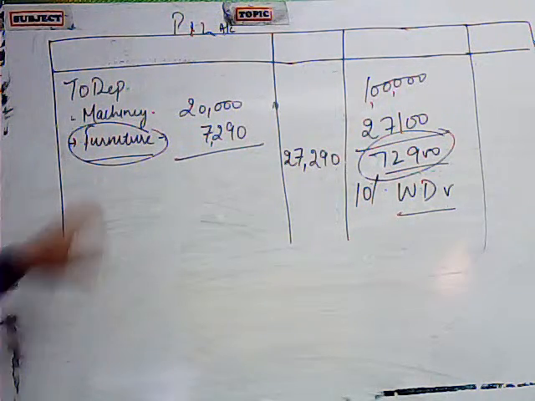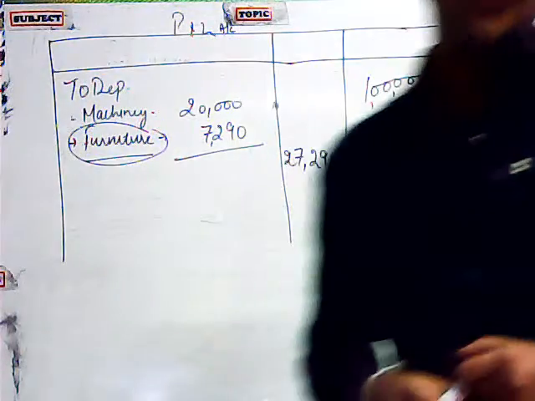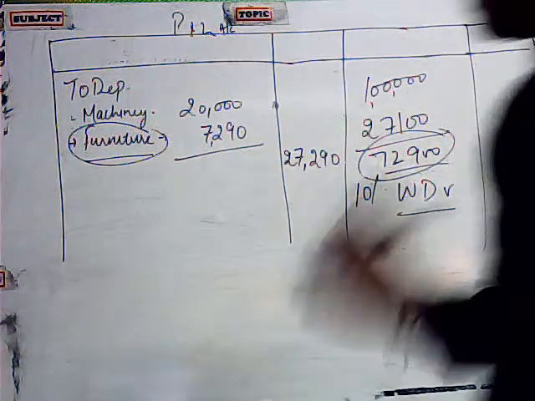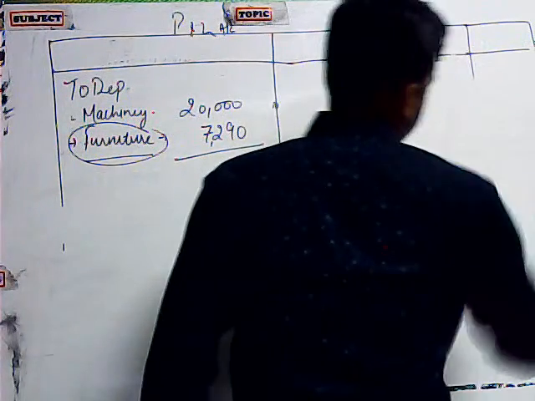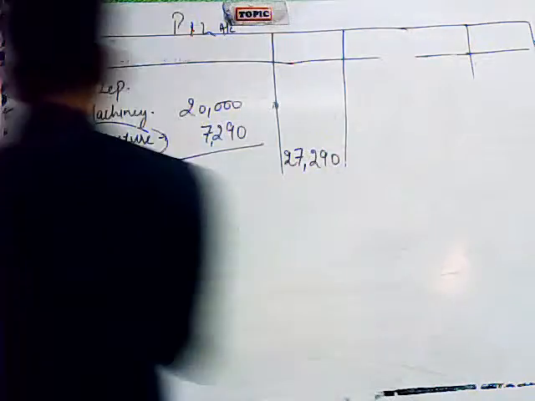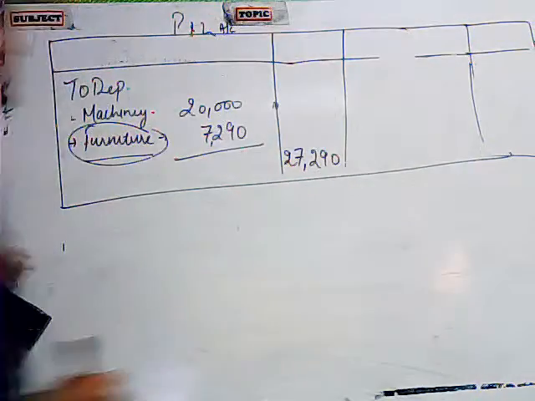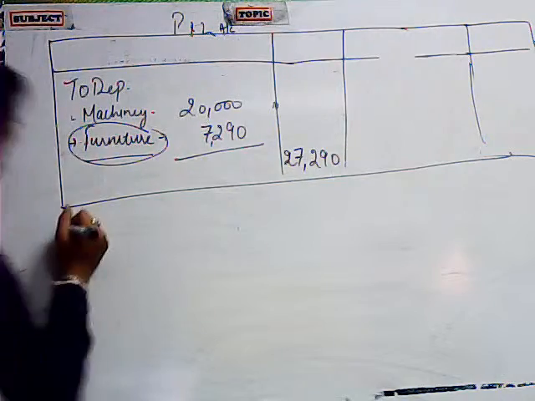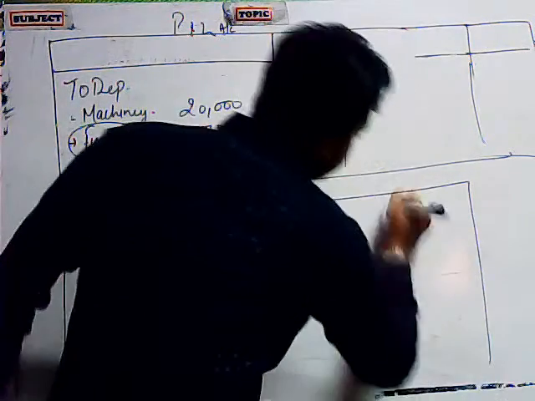Okay, that's it. So now, how do we have to record this value under a balance sheet? So here I am preparing something. Just wait. Okay. Now we are preparing a balance sheet.